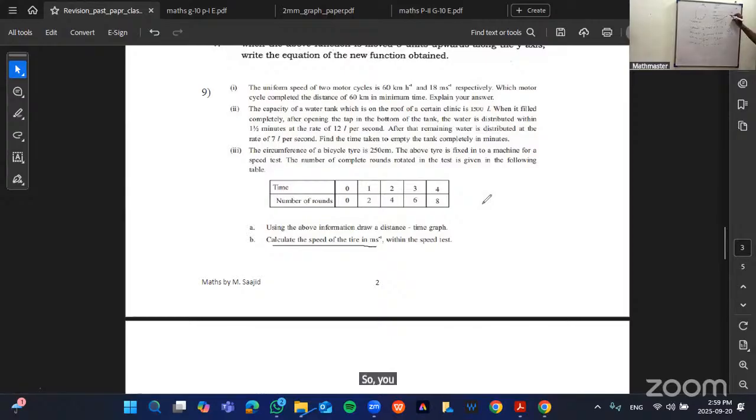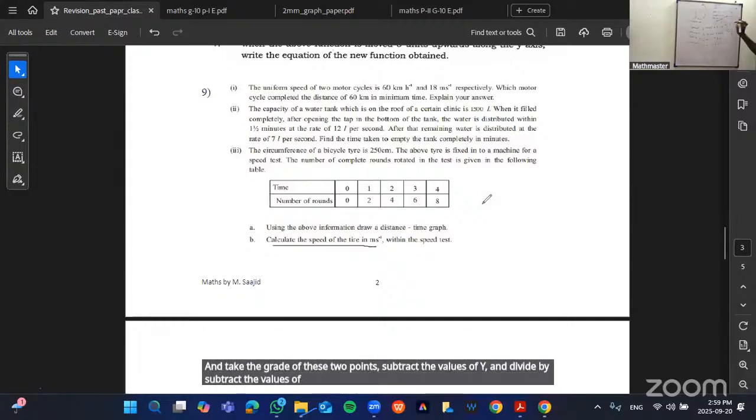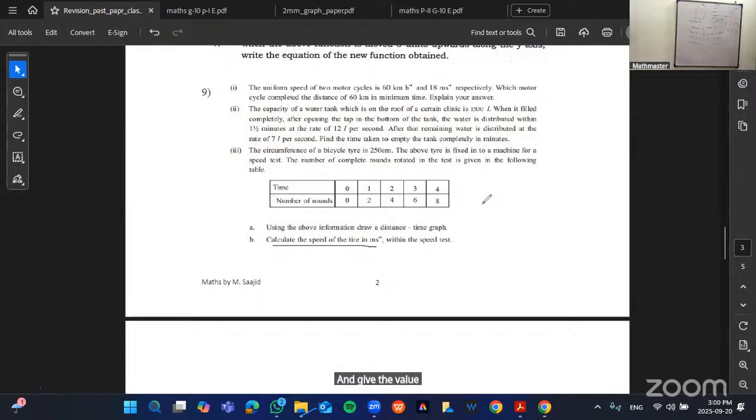So you can find the gradient of two such points. Just take 2 points, subtract the values of y and divide by the subtracted values of x, and get the value for the speed. So let's see this one. Let's take these 2 points here.